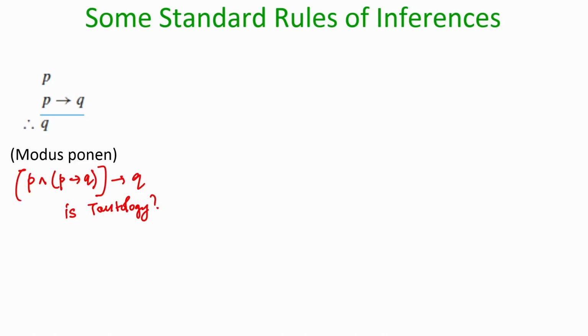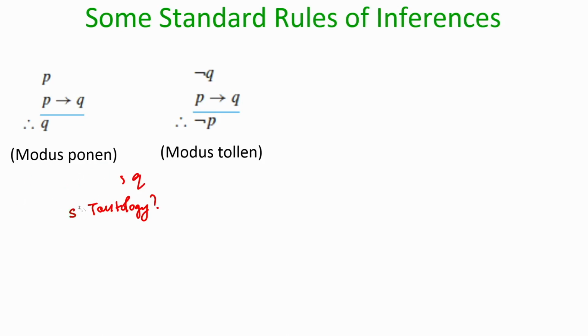The truth table will have 4 rows, P true, Q true, P false, Q false, and so on, and you can verify that for all 4 possible combinations, this overall expression is always true, and hence I can always conclude Q from the premises P and P implies Q. Now, why is it called Modus Ponens? Well, there are some reasons for that. I am not going into the details.